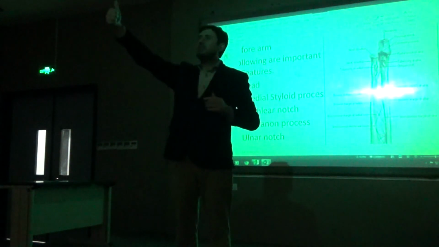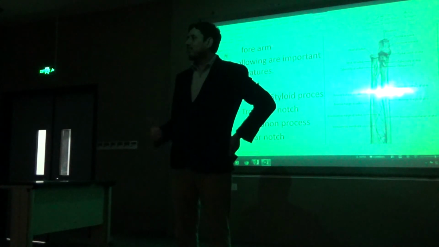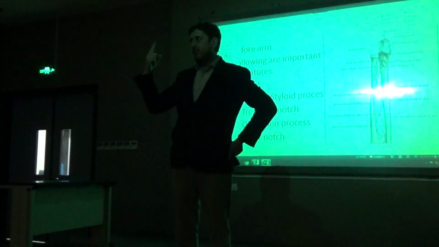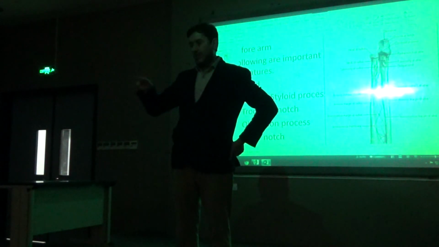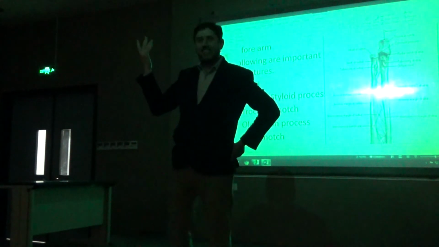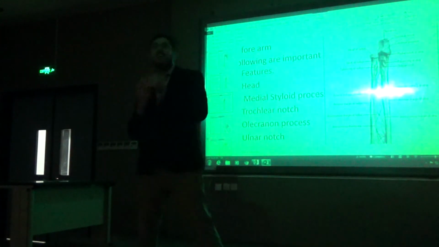And now, what is the name of this finger, digit? Thumb is there, but we say pollex. What is the name of this one? Index. What is this one? Middle finger.